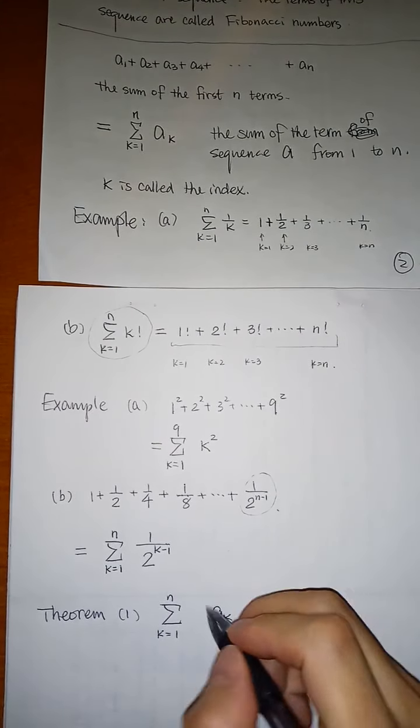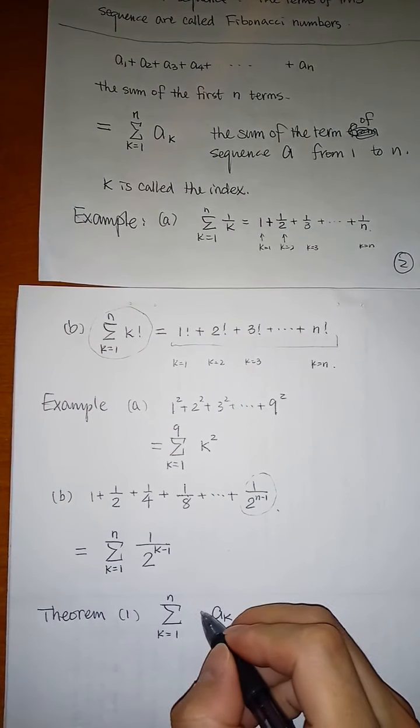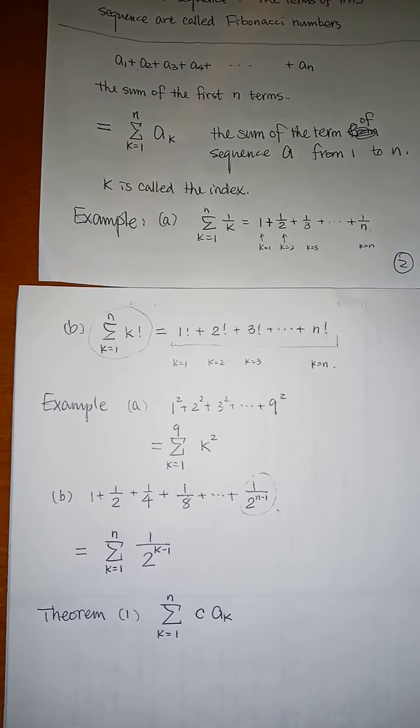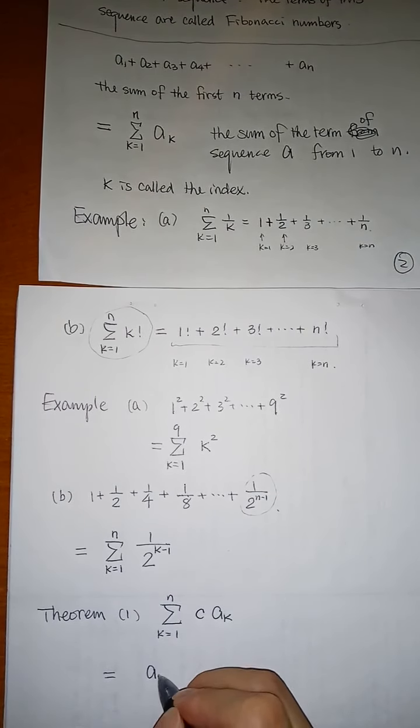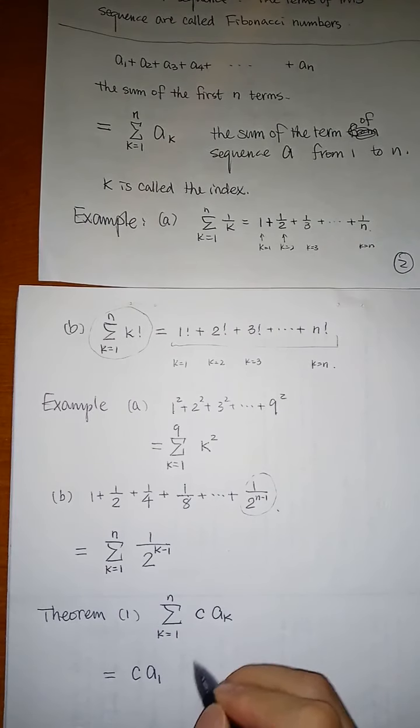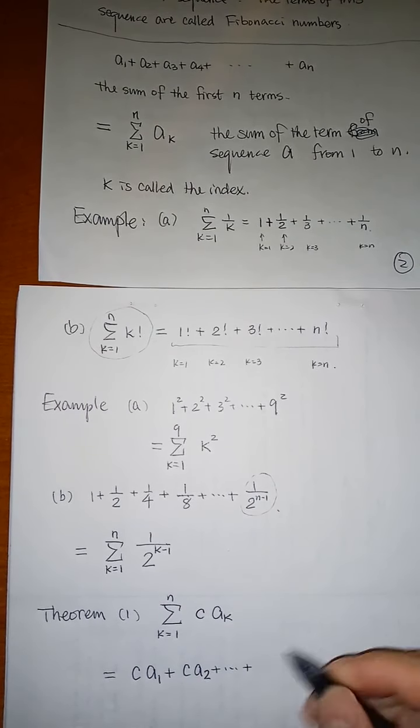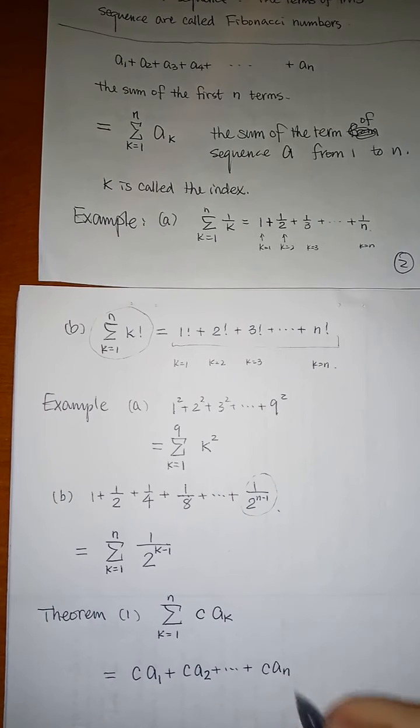And before you add them, you multiply every term by a constant c. What this means? This means you first have a1, k is 1, you have a1, you multiply it by c. You finish it, you move to the next. A k is 2, you will have a2, you multiply it by c. So every term, you multiply it by c.